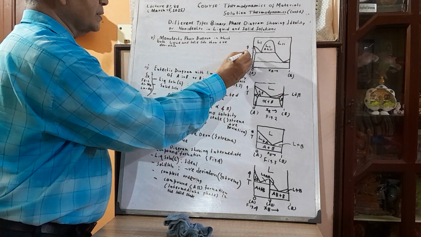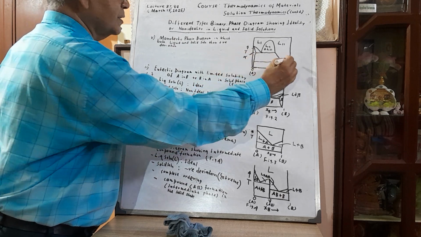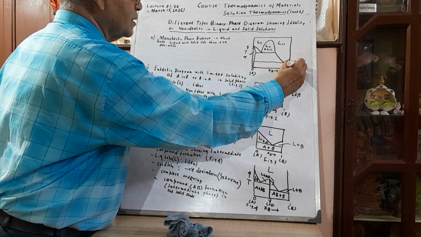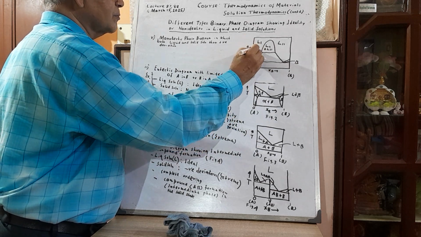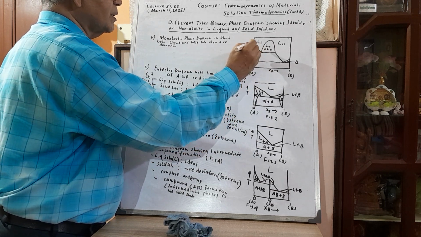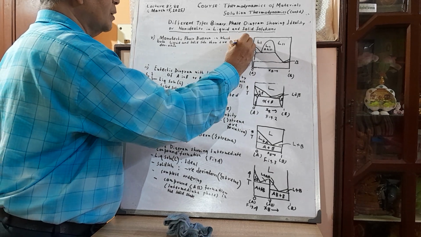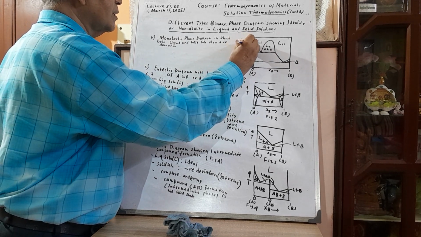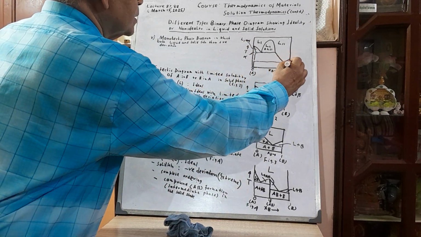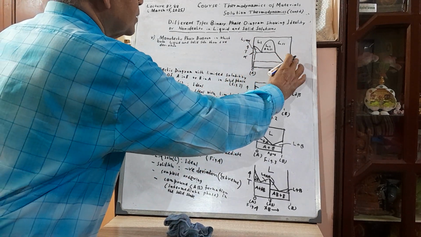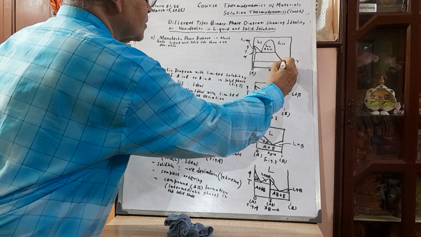Now label this. This is your alpha phase, this is your beta phase. This is liquid 1 plus alpha. I am very sorry, this is a mistake.